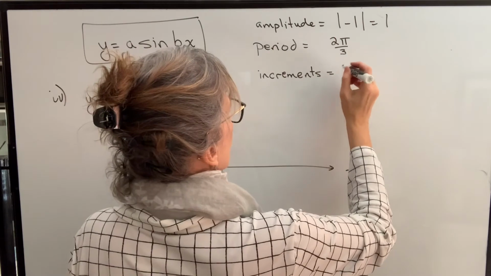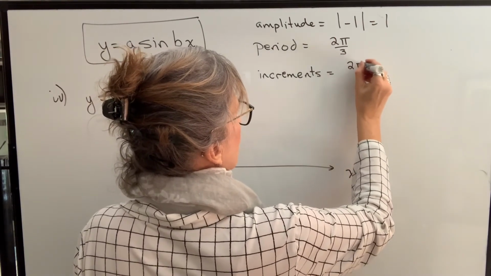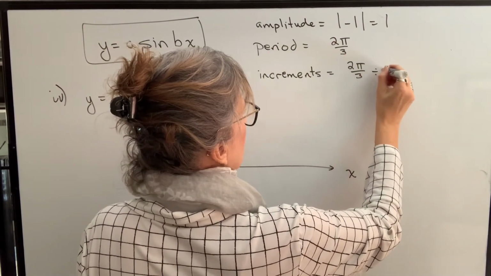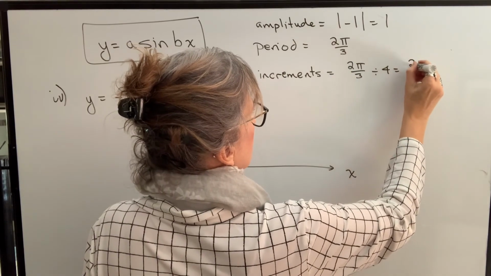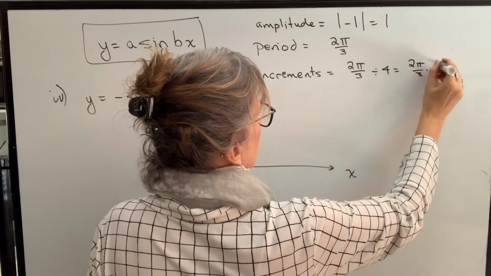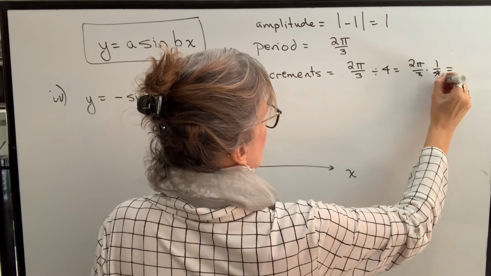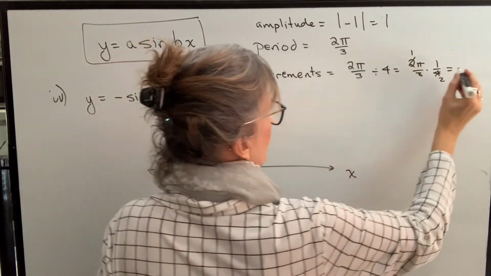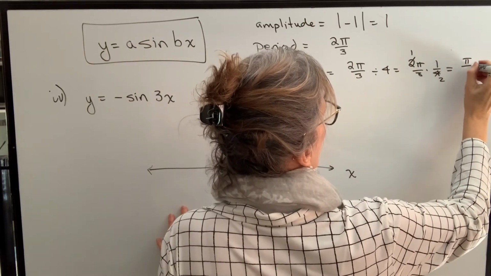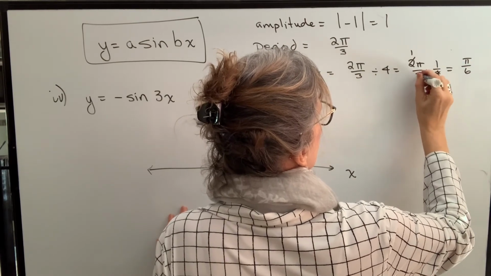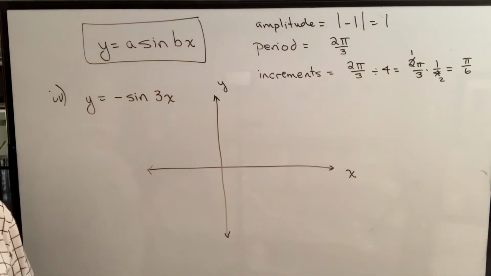The increments are going to be that period divided by 4. Two will cancel there, so I'm going to get pi over 6 as the increments.